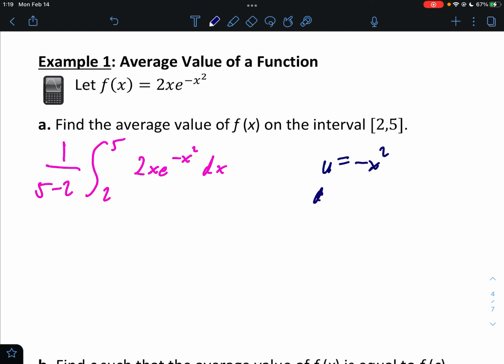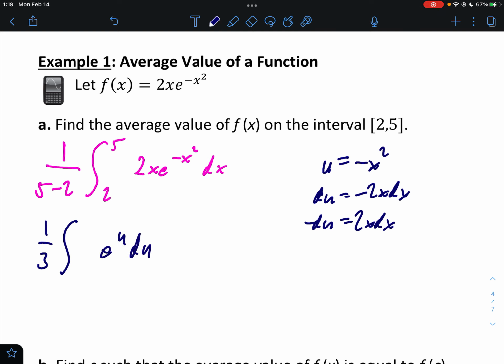So we have du equals negative 2x dx, negative du equals 2x dx. So we have 1/3 times the integral. We'll get the bounds soon. 2x dx all becomes du, so this is going to be e to the u du. And don't forget about the negative that we got from here. If we put 2 in here, we would get negative 4.